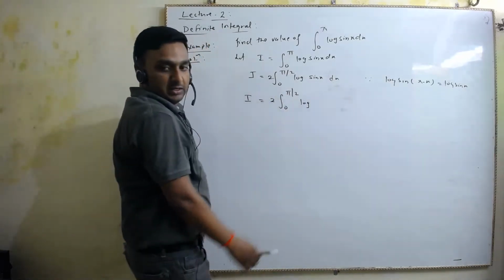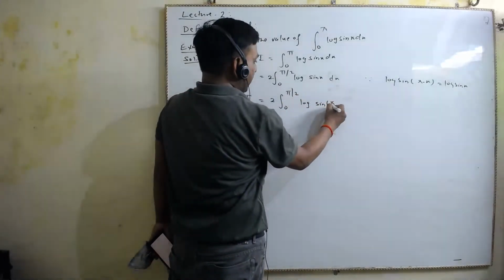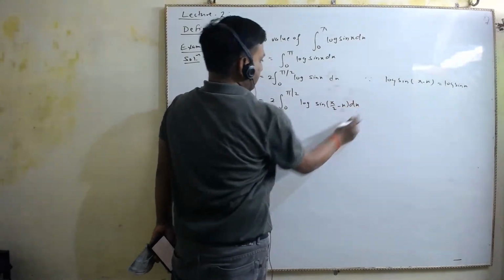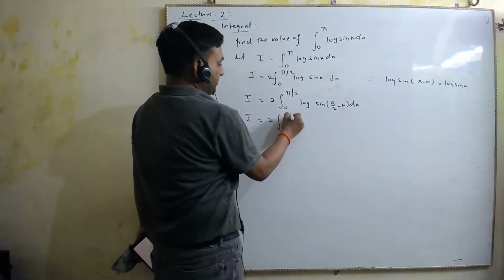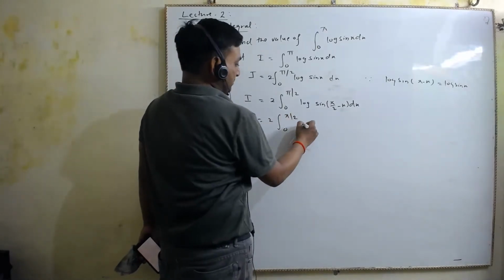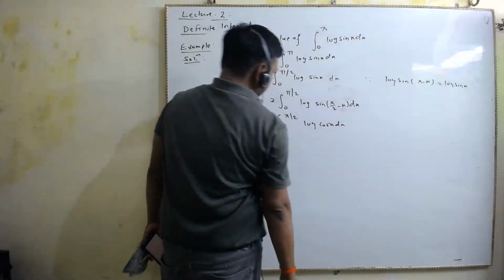Now I am using again the property sin(pi by 2 minus x), so this will become the integral from 0 to pi by 2 of log cos x dx.